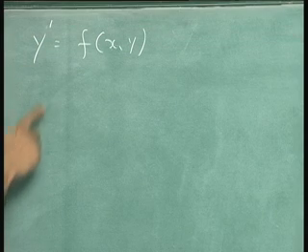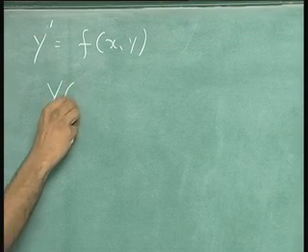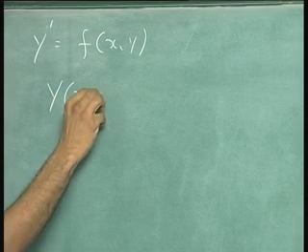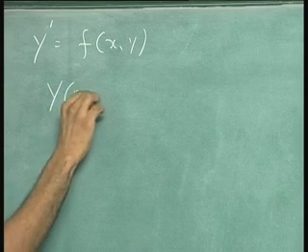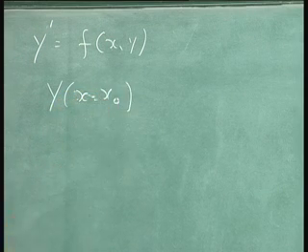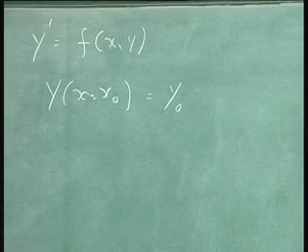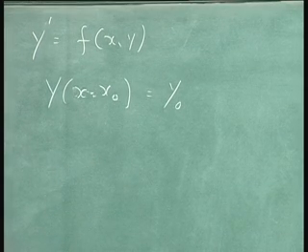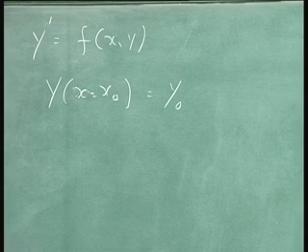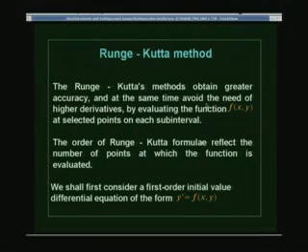That is, for this first order differential equation, there is only one boundary condition, specified at x equal to x0, that is at the beginning, as y0. So that's an initial value problem. That's what we were solving, and we looked at some simple methods of solving this, including the Runge-Kutta method.